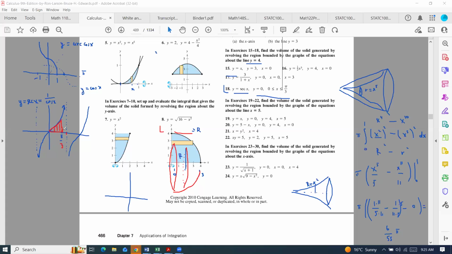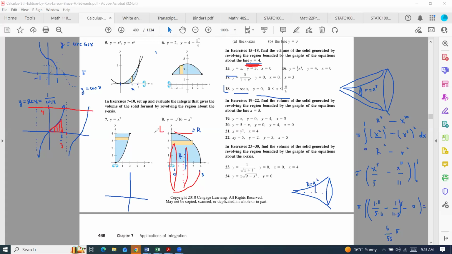And we don't rotate it about the x-axis. We rotate it about y equals 4. Do you see that? I see Alex enough. I see that. Okay, so y equals 4 is somewhere above, right? So this is your axis of rotation.